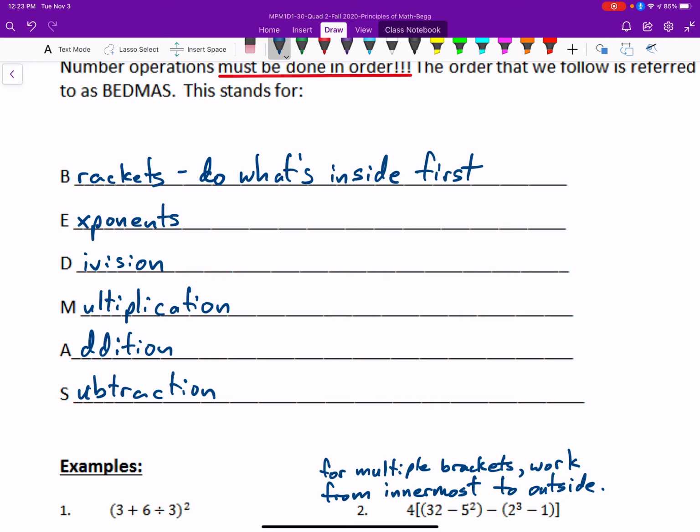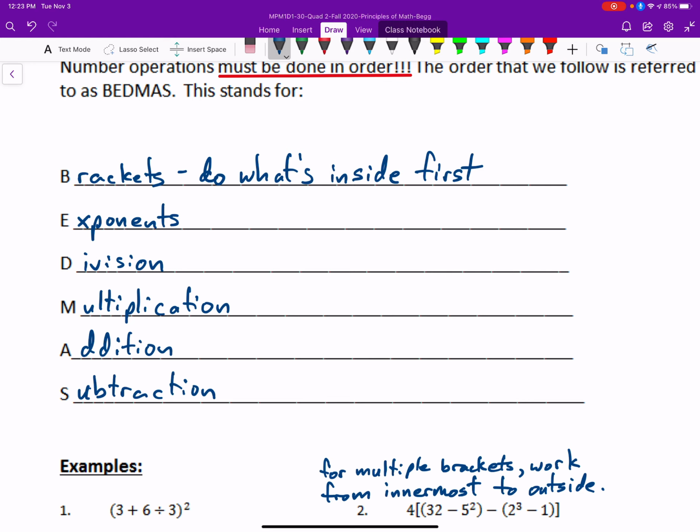Sometimes we also use brackets just to separate things. So when they talk about doing brackets first, they don't mean just if there's a number inside brackets. They mean if there's operations inside the brackets. Think of that like a separate question and deal with that completely and then work your way out. So it's an inside-out kind of way of thinking about it.